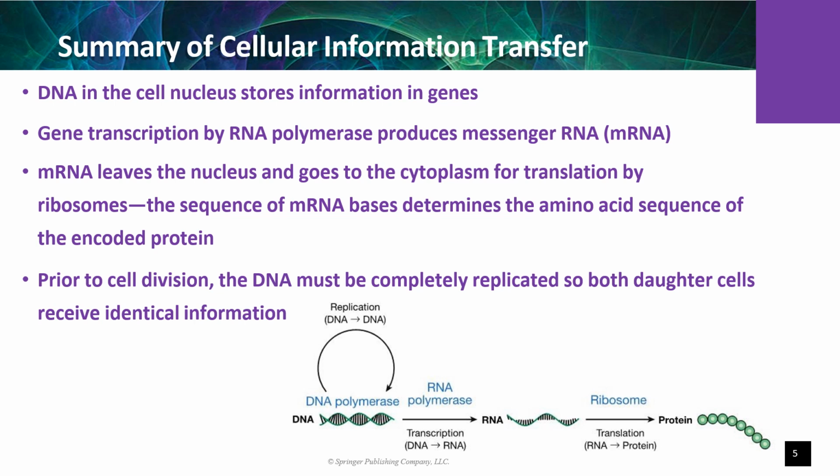DNA contains genetic information in a double-stranded molecule that can be replicated and produce identical daughter cells. DNA also provides a template for RNA transcription needed for the translation of protein synthesis.